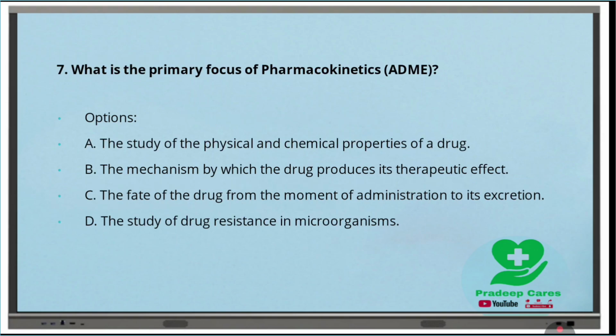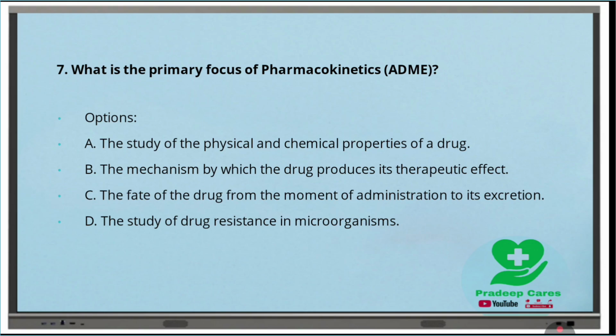Next question. Question number 7. What is the primary focus of pharmacokinetics? ADME. Options are option A the study of physical and chemical properties of drugs, option B the mechanism by which the drug produces its therapeutic effect, option C the fate of drug from the moment of administration to its excretion, option D the study of drug resistance in microorganisms.